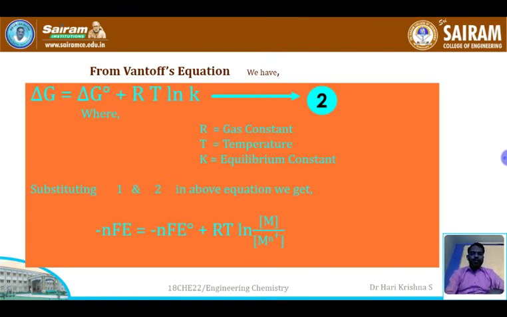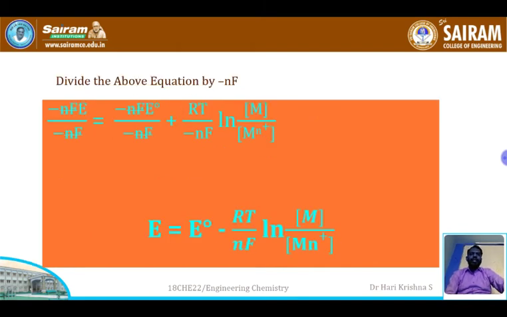To remove it, we divide the entire equation by minus nF. When we divide, we get E equals E naught minus RT by nF ln concentration of M by concentration of M^n+.